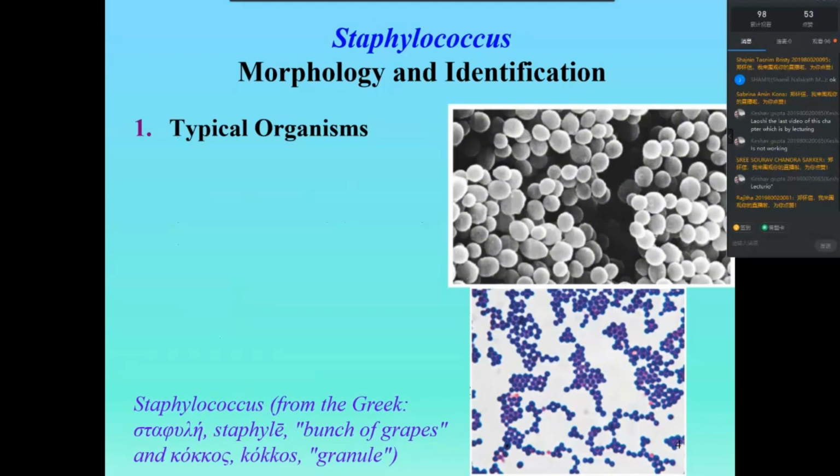37 degrees. Staphylococcus aureus, this species, can produce a golden color pigment. They are also hemolytic, which means they can produce hemolysin, and this hemolysin can lyse the red blood cells in the agar.